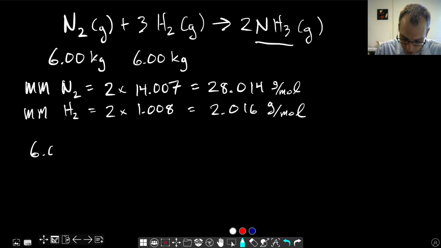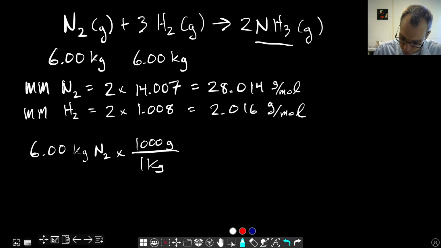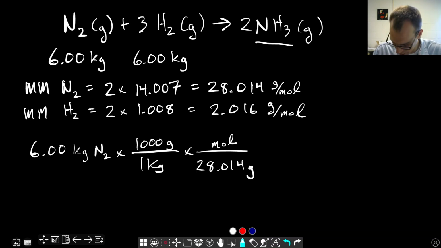We start with 6.0 kilograms of nitrogen, and we do the unit conversion. For every 1 kilogram, there's 1,000 grams. And then we need to use the molar mass, so we divide by 28.014 grams, and moles goes in the numerator here.